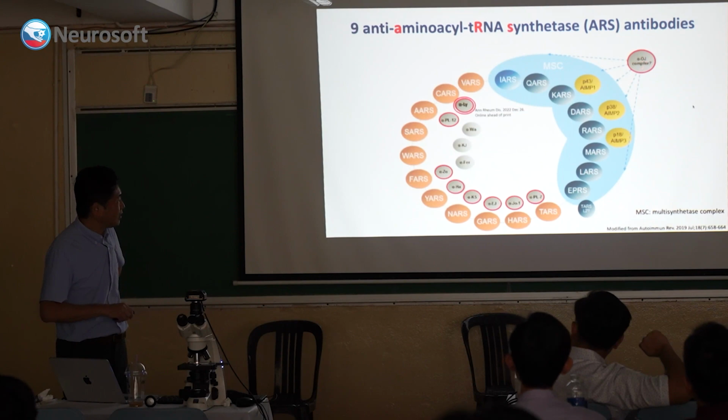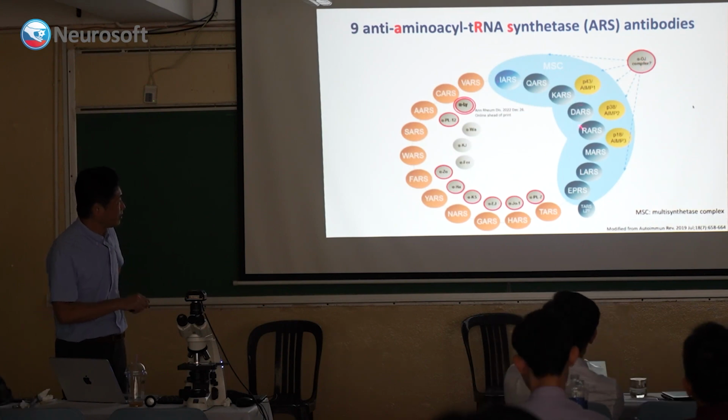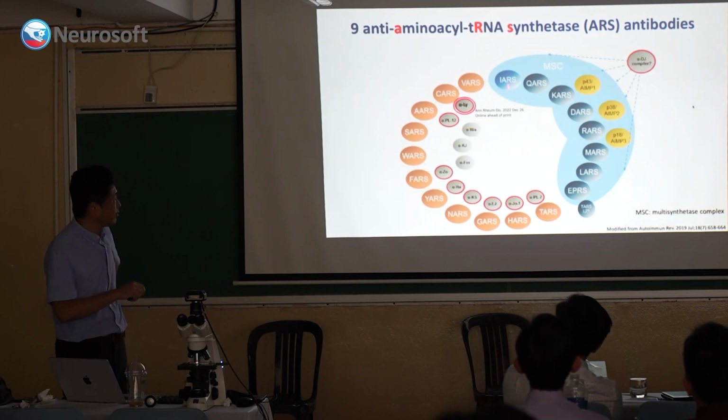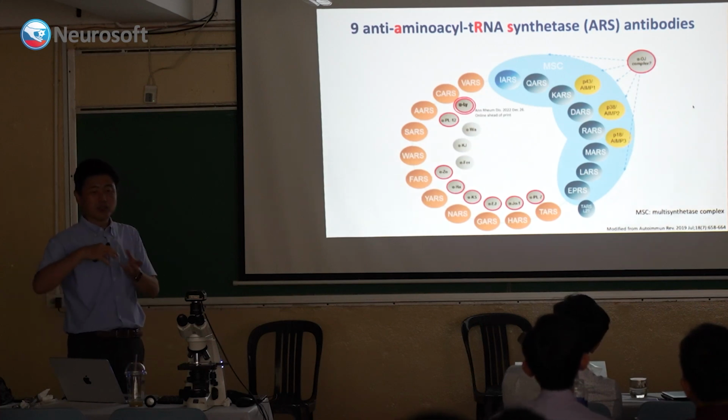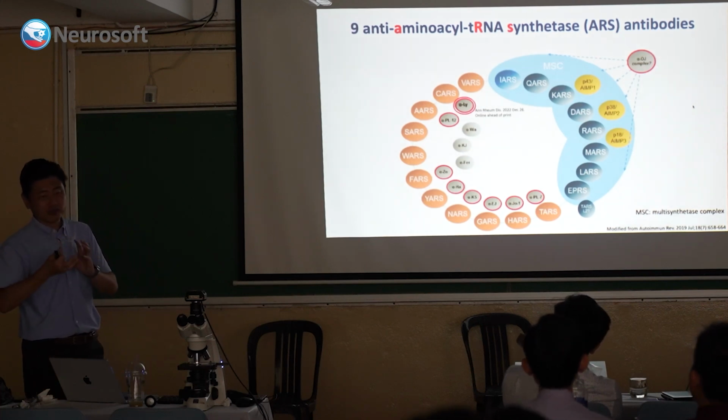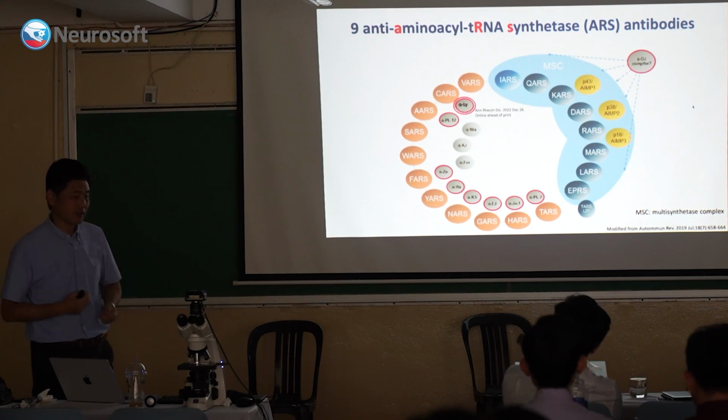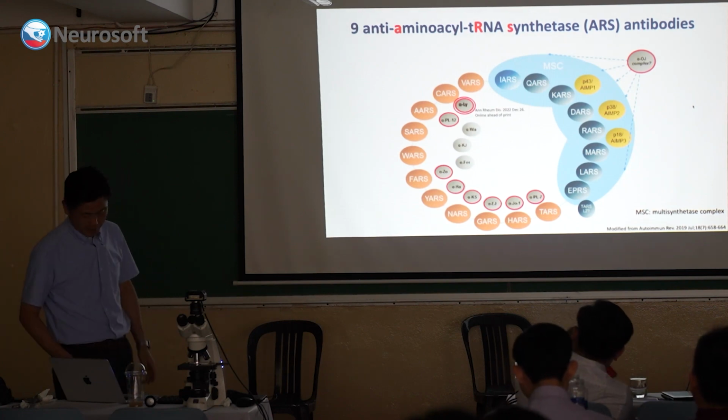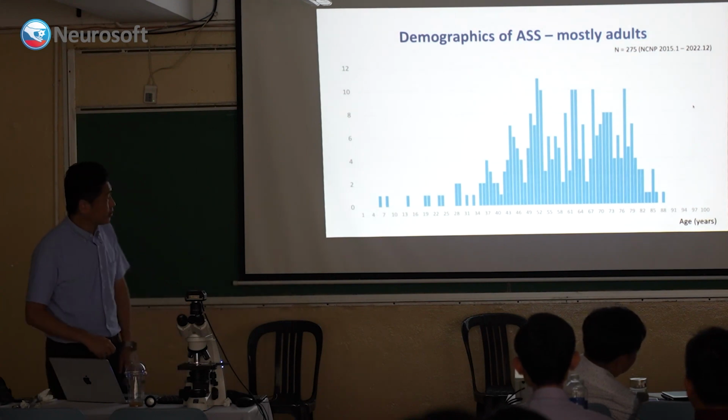But OJ is different. There are several amino acid tRNA synthetases, and they make a multi-synthetase complex. And OJ probably recognizes this type of complex, like a 3D structure. All right, so this is the demographics.